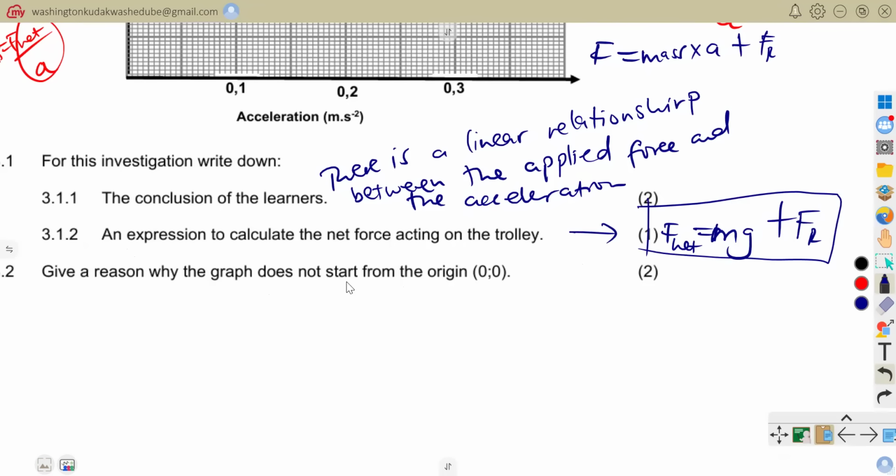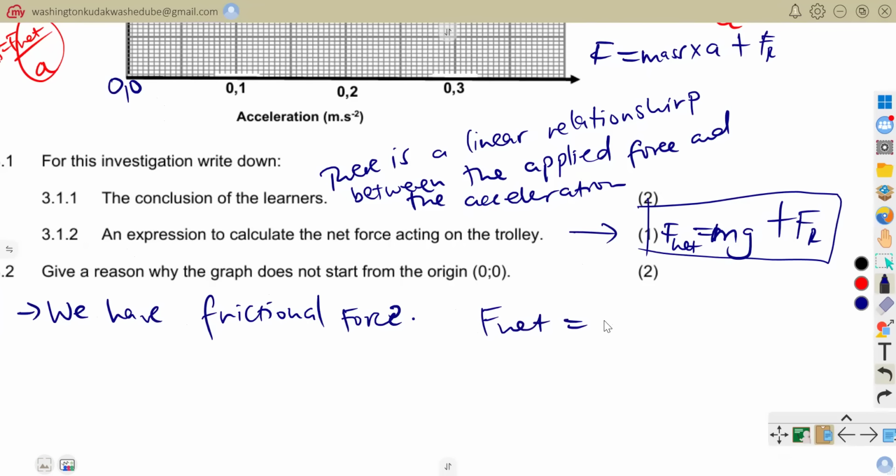Now, give a reason why the graph does not start from the origin. The reason why the graph is not starting at the origin is because we have frictional force. That's why we are saying F net is equal to mg plus our frictional force, where this mg becomes our F applied.